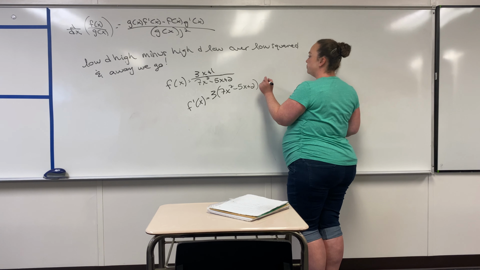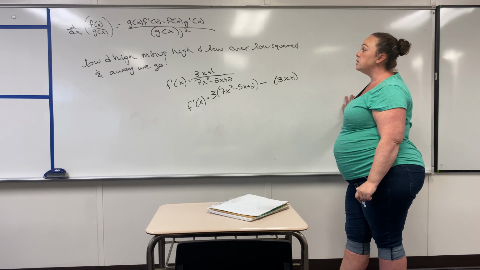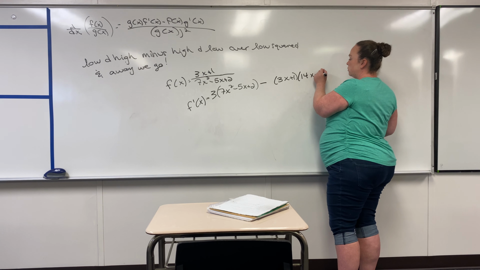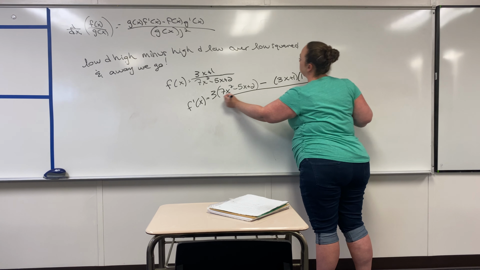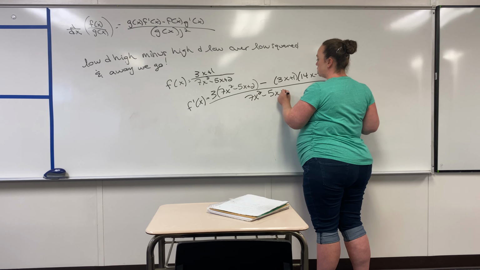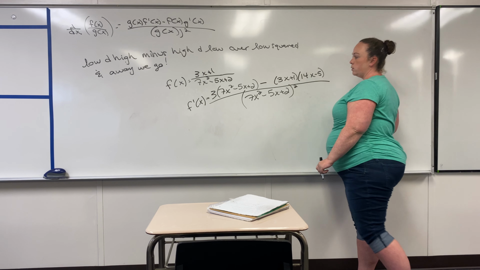Minus high, which is your top part. D low, which is the derivative of your bottom part. Over low squared. Don't forget that part. I had somebody forget to square the bottom on all of the quotient rule ones.